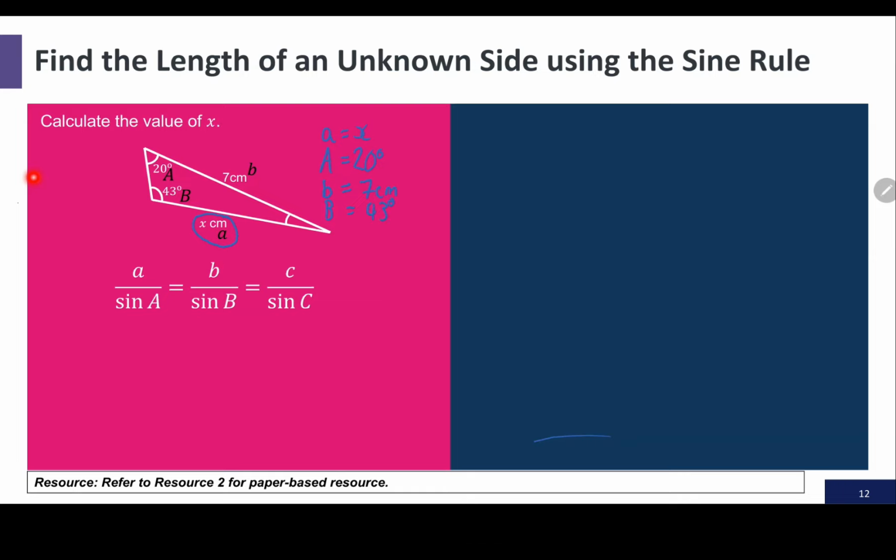Here is the next line. So x divided by sine 20 is equal to 7 divided by sine 43. As before, we'd like to get x equals, so we multiply both sides by sine 20.